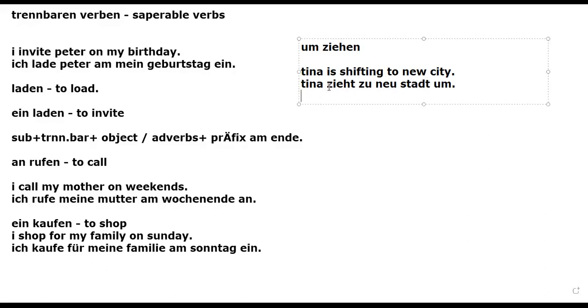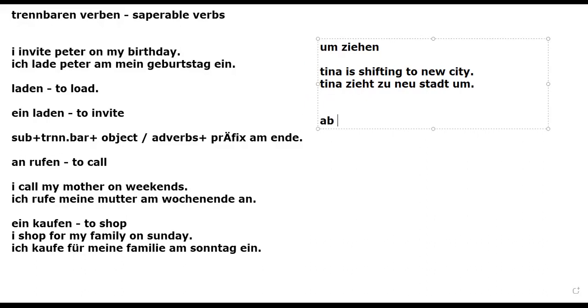Good. Next we have, and this time Manju, you have to make this. If there is a sentence with abholen, okay, abholen, to pick up a person. Pick. I pick you from your house.